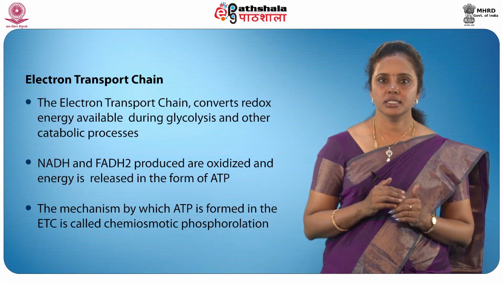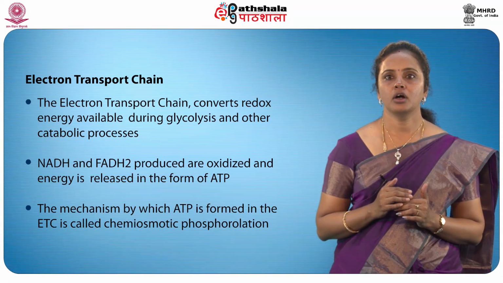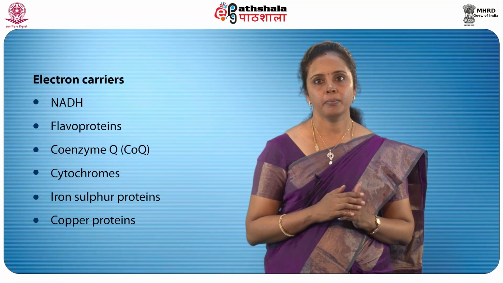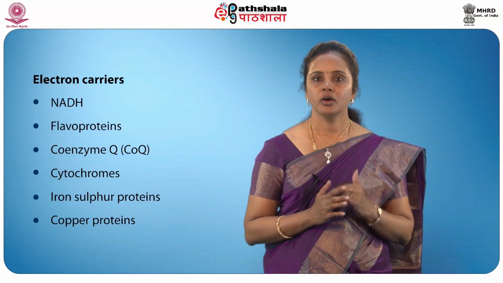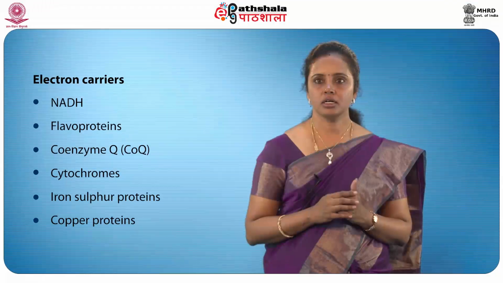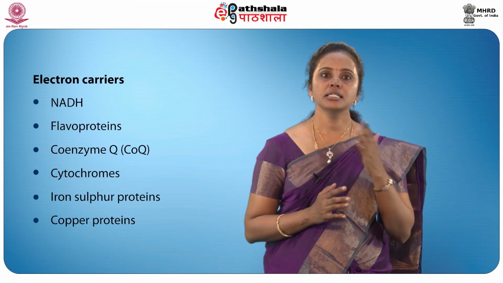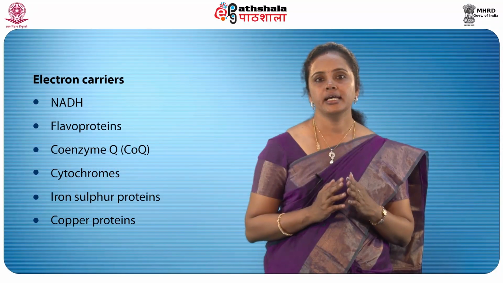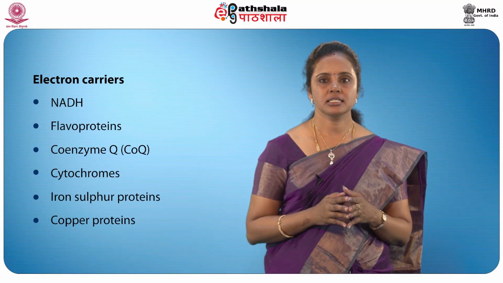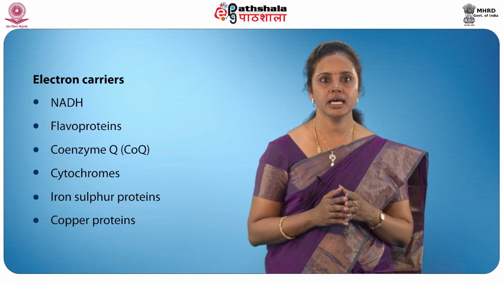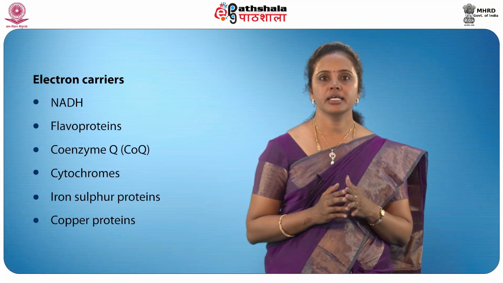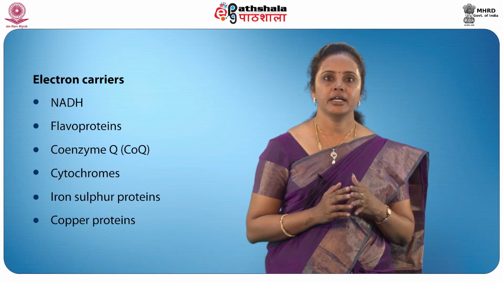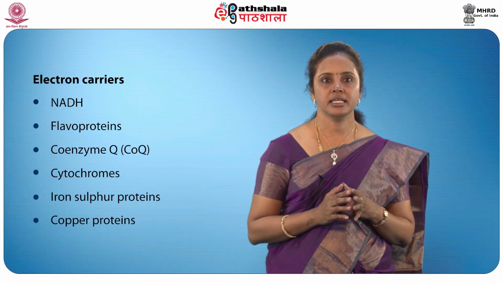The electron transport system contains 4 protein complexes. Before we move on to the actual process by which the transfer takes place, we should know the components of the electron transport chain. The first component is NADH. So, we have seen that NADH is generated in the matrix by the reaction of different enzymes like pyruvate dehydrogenase, isocitrate dehydrogenase, alpha ketoglutarate dehydrogenase and malate dehydrogenase.